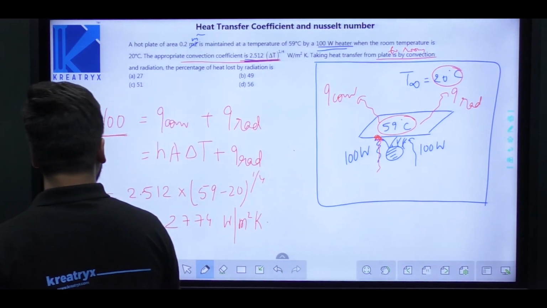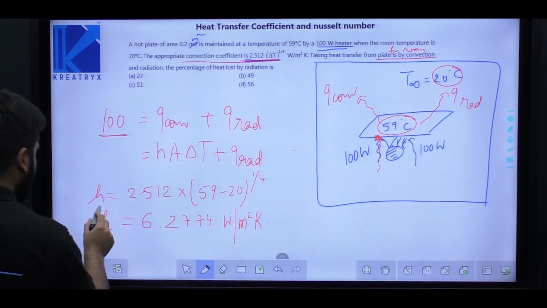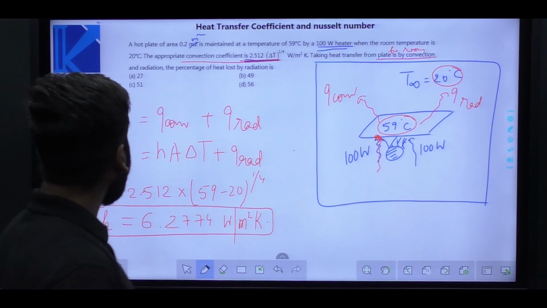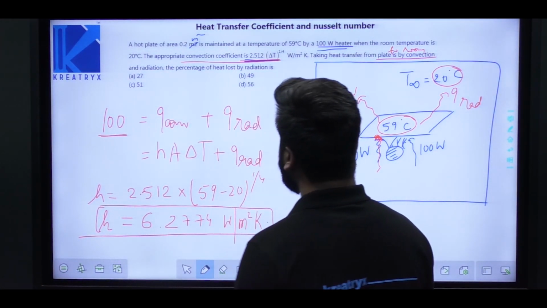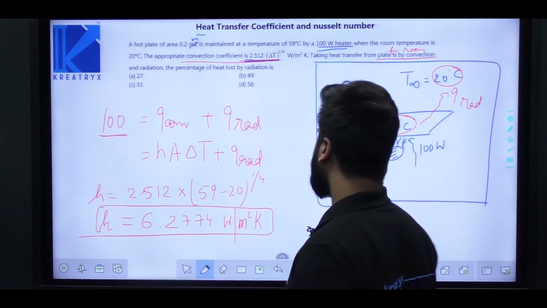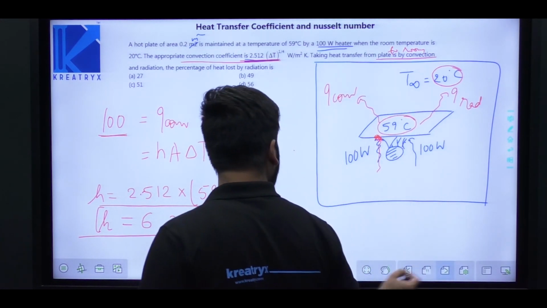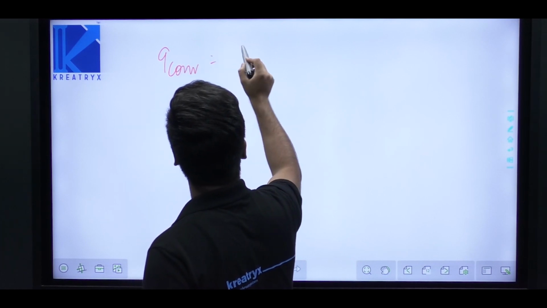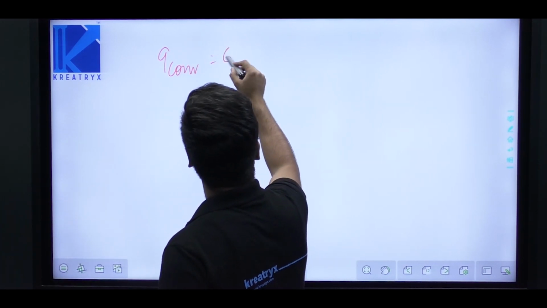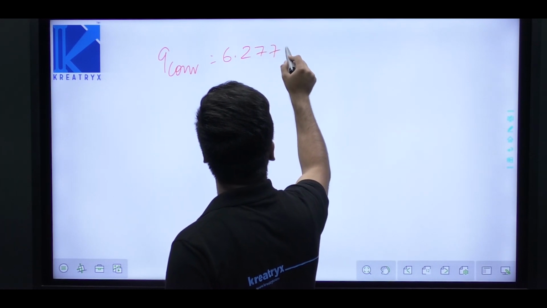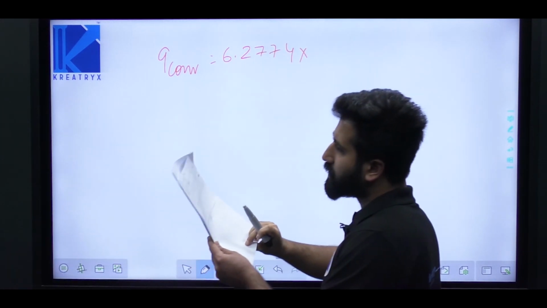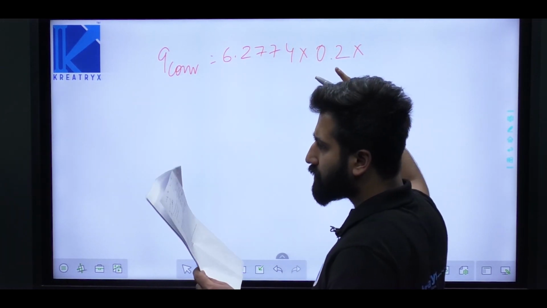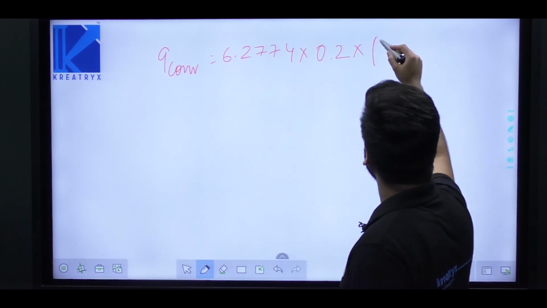This is h. When you get h, can you find out the heat transfer rate by convection? Yes, because area and delta T are given. So Q convection is equal to h, which is 6.2774, times area 0.2 meter square, times delta T, 59 minus 20, that is 39.